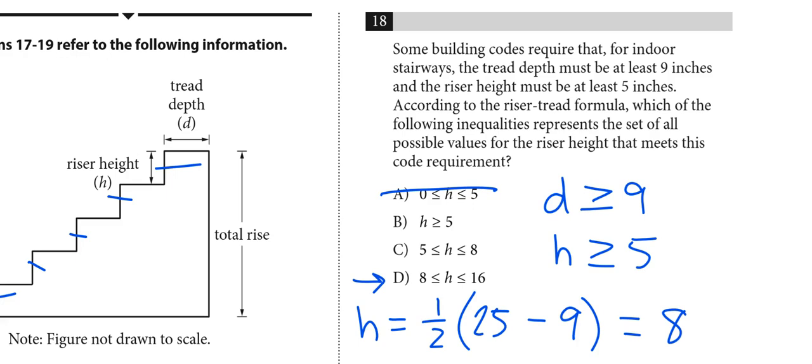So the minimum tread depth would cause my height to start out at 8. Is that bigger than 5? Sure. Because it says that the tread depth must be at least 9 inches. It could be more than that.